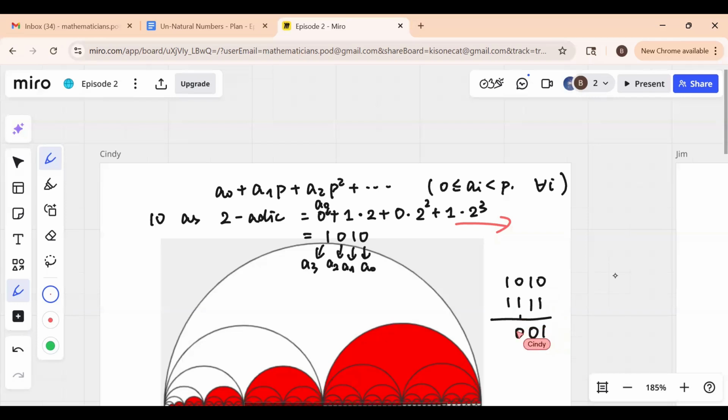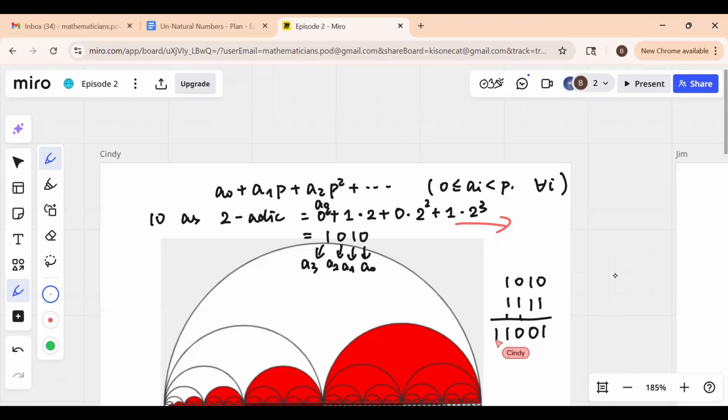So 1, there's a carry of 1, and then we have a 0, and then we also need to carry on. So we're going to get 3, and then there's a carry of 1. So right now we're getting 1, 1, 0, 0, 1.